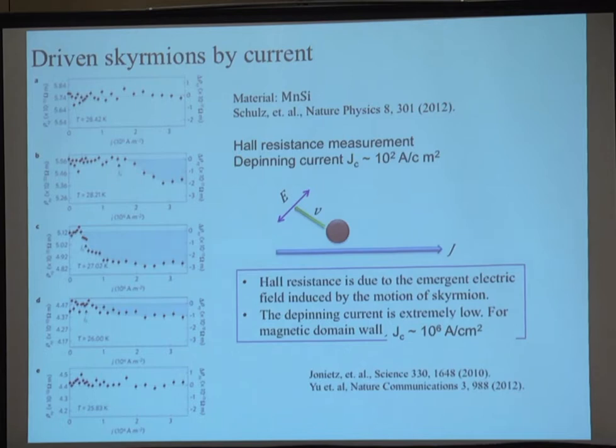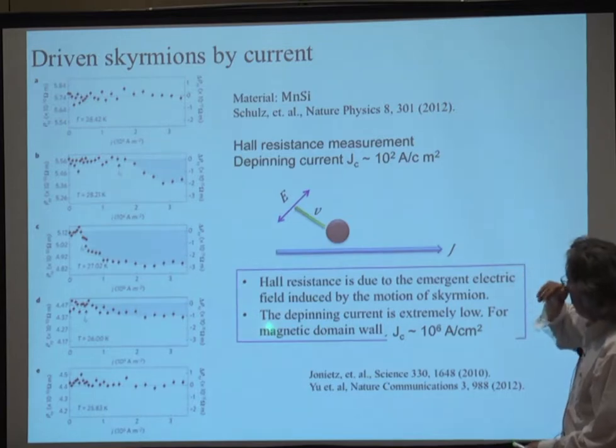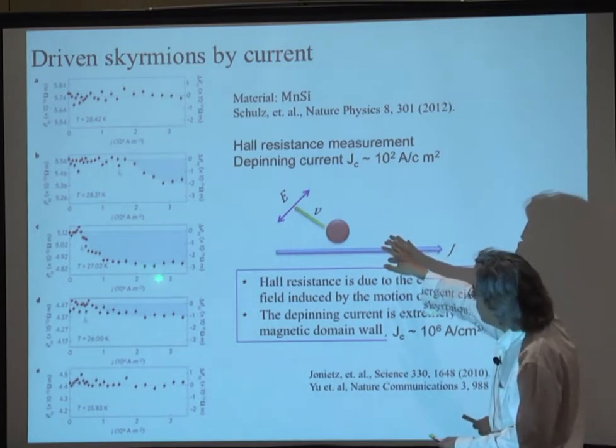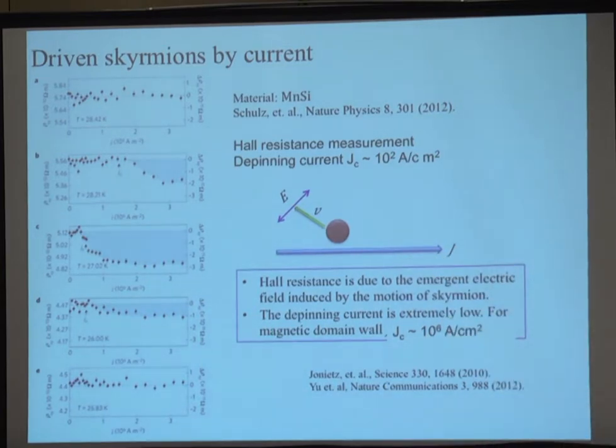But those systems are, in some sense, much easier to understand in transport because when they're superconducting there's no dissipation, but once the vortex moves we have dissipation, so we just measure the voltage. These systems are always dissipative, so just the skyrmion moving doesn't necessarily change the voltage, but you can see small changes in the topological Hall effect.